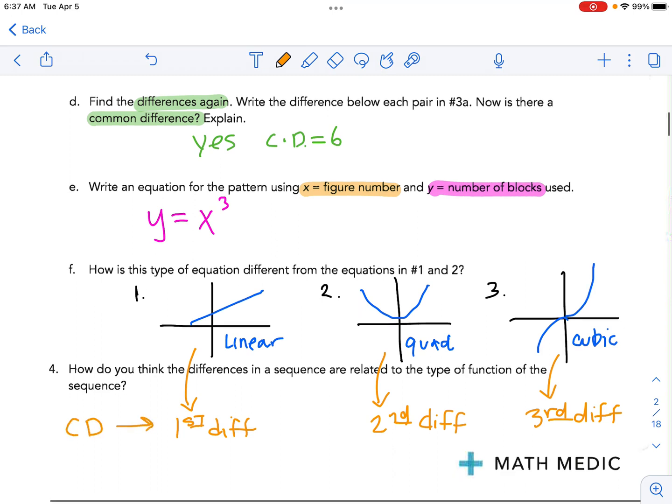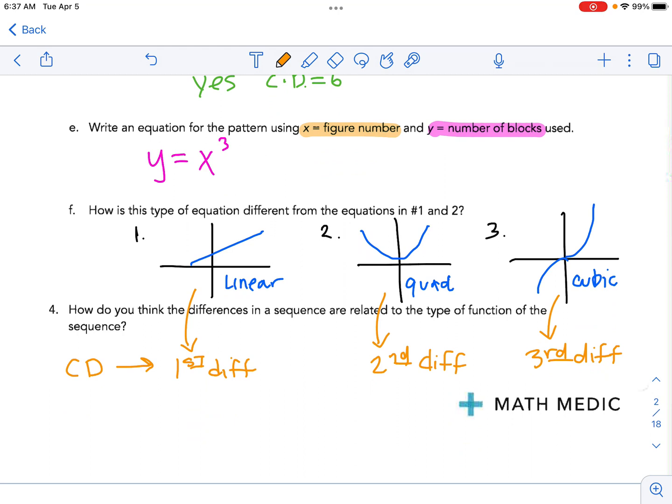So this is where we found the common difference for each one of those models. If we would write those models, it was 2x plus 1 and x squared and x cubed. So if you notice, the common difference became the power on the x. So each of the differences adds a power to the exponent on the model.